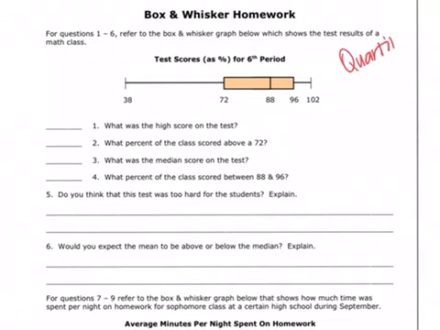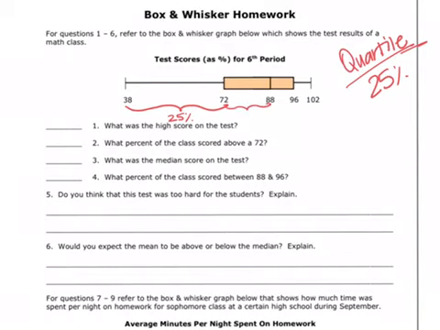And those quartiles all represent 25% of the data. So when I say that, if we look at this box and whisker plot that you have on your screen, what I am saying is that from 38 to 72, this 25% of your data lies in there.